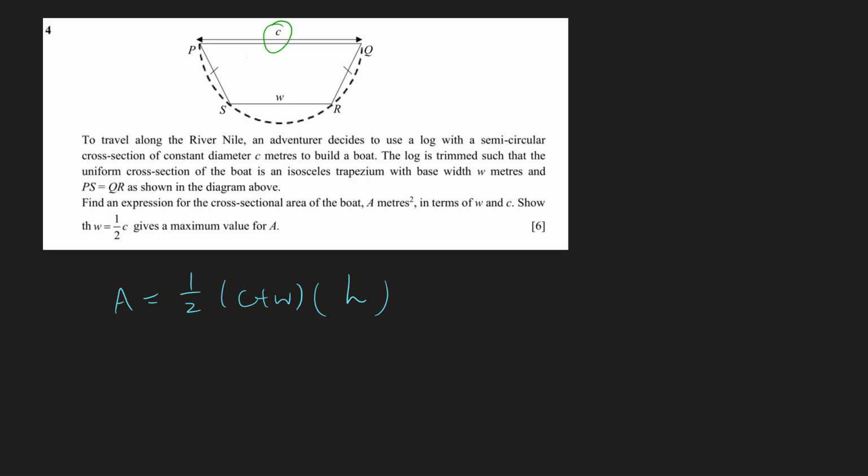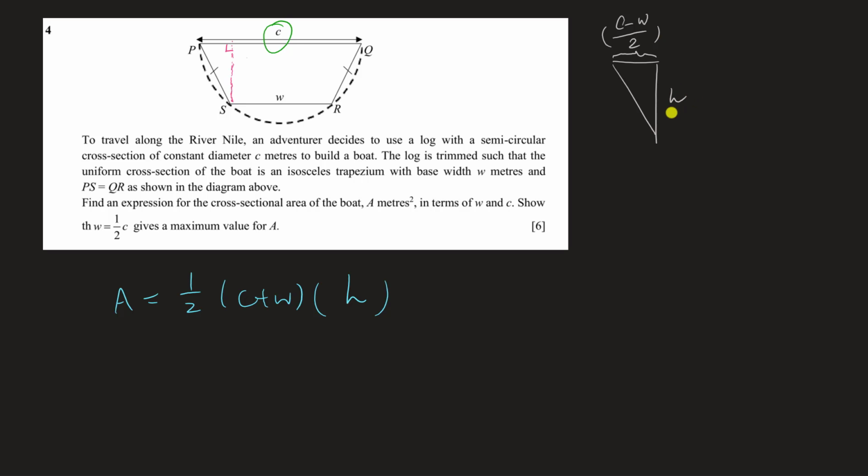The only thing here we need to know is what is this height. To find this height, go to the diagram, throw out the height. This is clearly 90. To find this pink color dotted line, of course you have to use Pythagoras theorem. So here, what is this value? This is your height. This will be C minus W over 2.